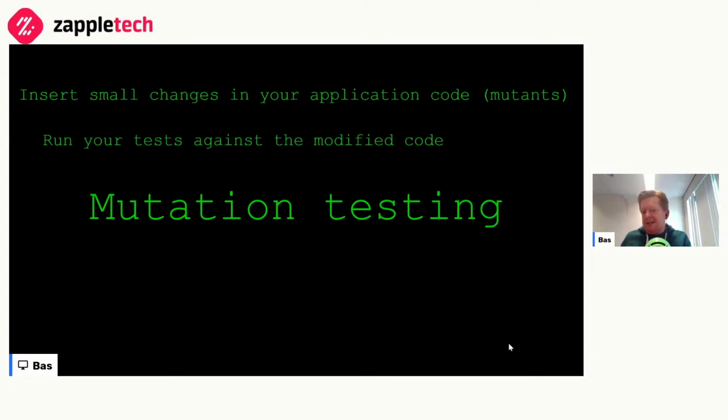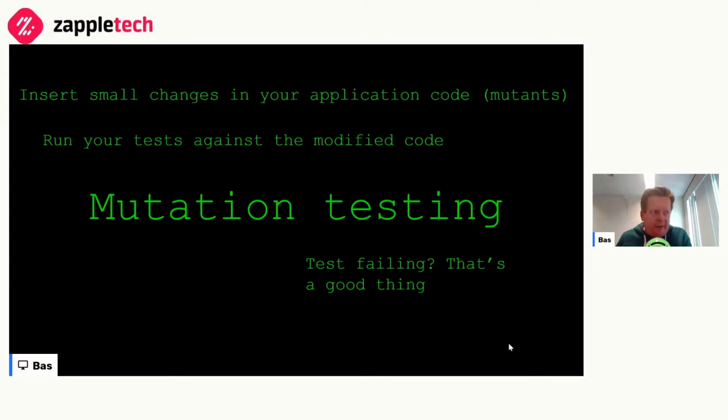And then it runs your tests against those modified versions of the code. If at least one of your tests is failing, which means at least one of the tests detects that change, that's a good thing because now you know that your test can detect changes, which is what automated tests are all about.